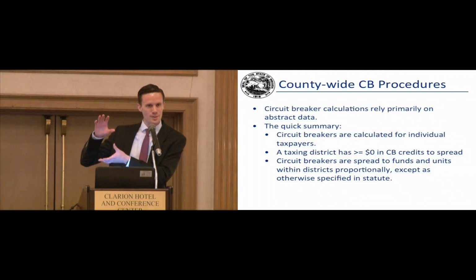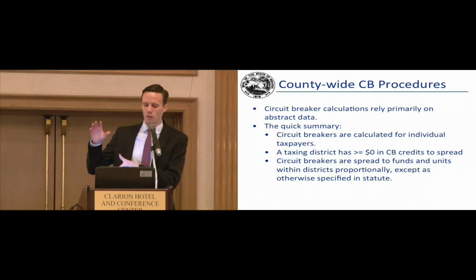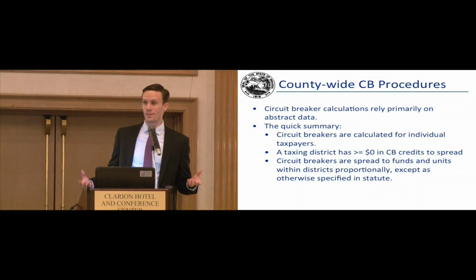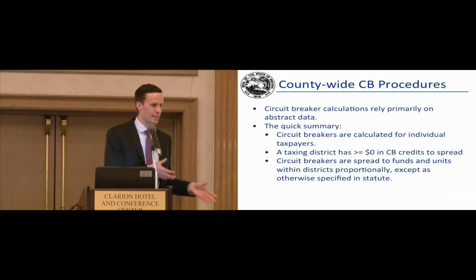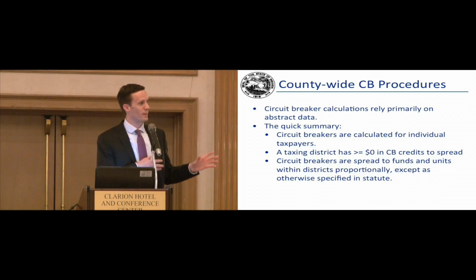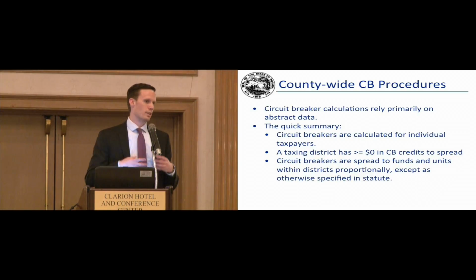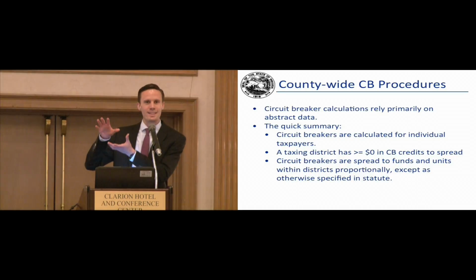But at the most basic way we can summarize it, we have circuit breaker amounts that are calculated for individual taxpayers. That's everything that we just ran through for the Smith family, except that it's going to be run 20,000 times or 100,000 times or however many apply for the given county. And then that data is going to be placed into the abstract.